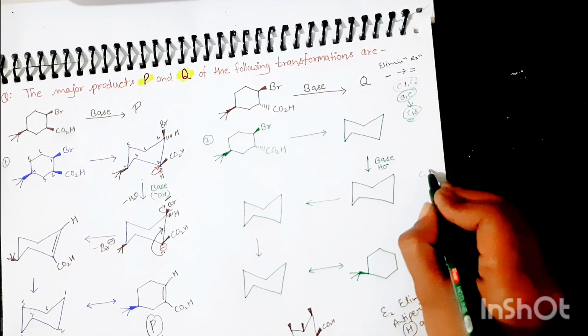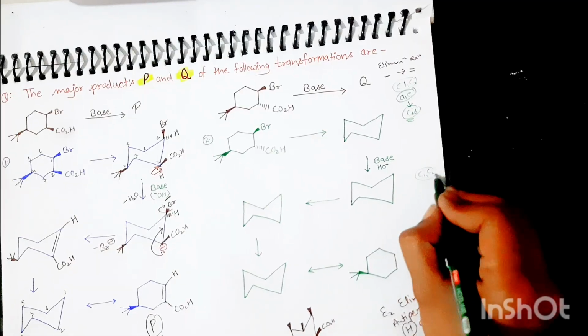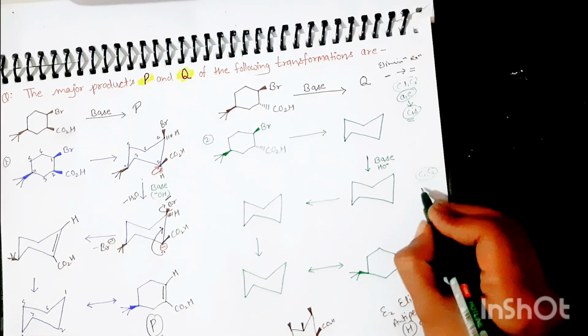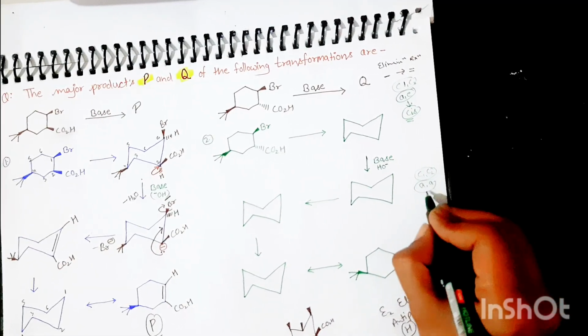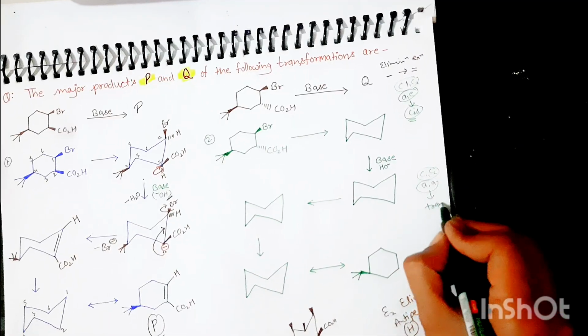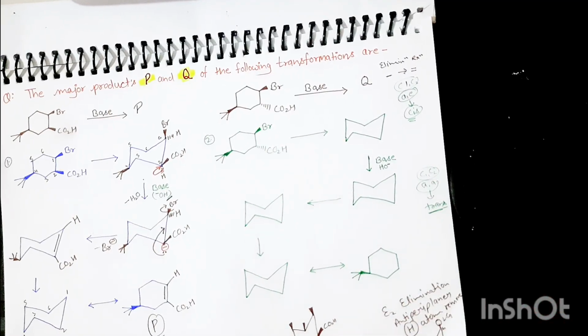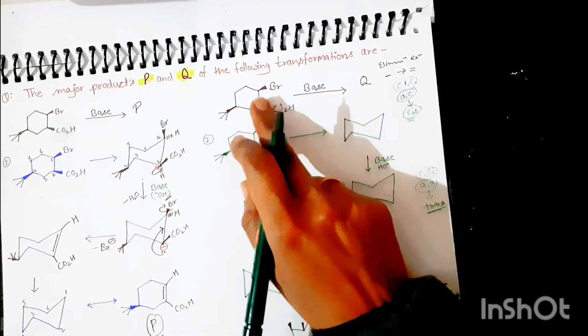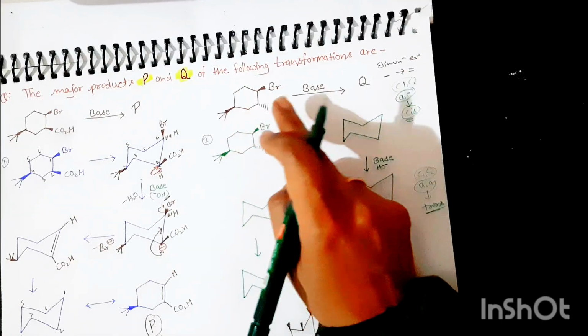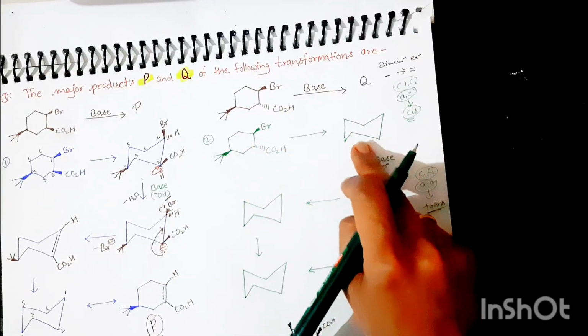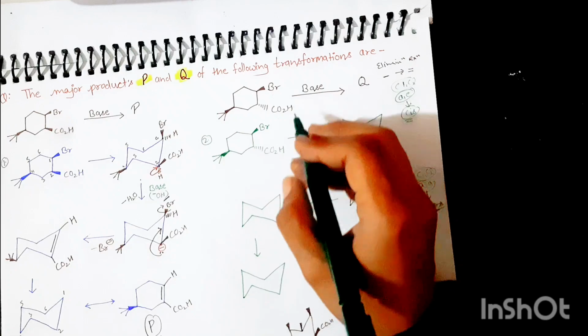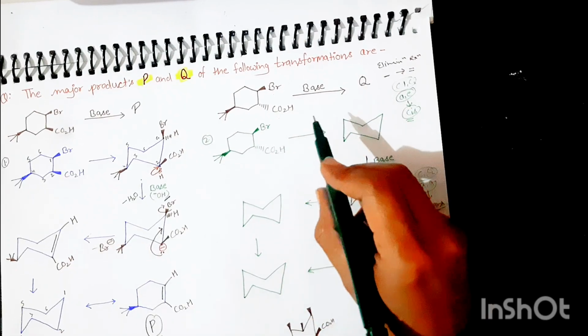And when the C1 and C2 substituents are both axial, we call it trans in chair form. So here first we convert this molecule into chair form, because bromine and carboxylic acid are trans to each other.